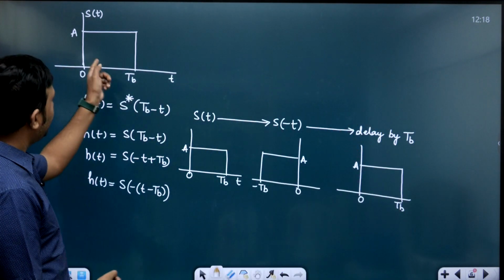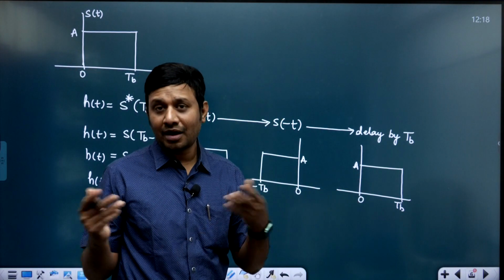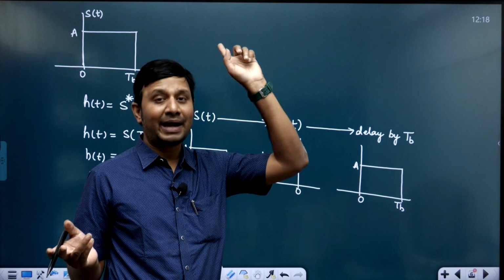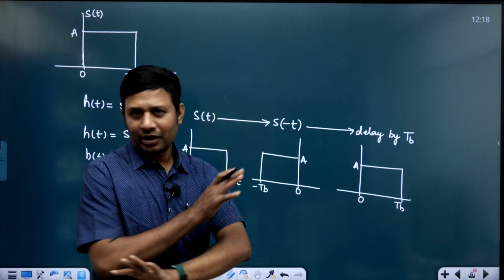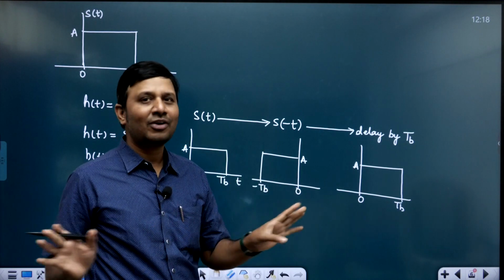Now if you observe, the input and impulse response are the same, hence the name matched filter. But in all cases, input and impulse response will not be the same.